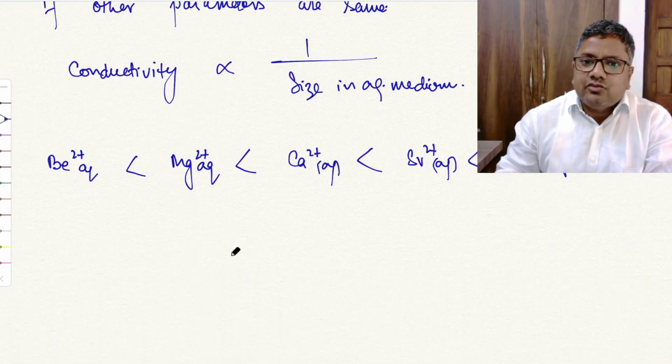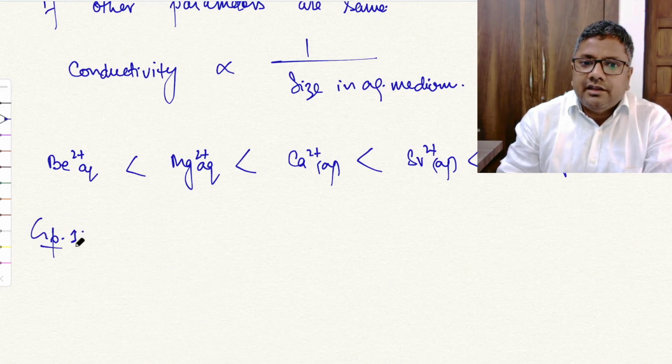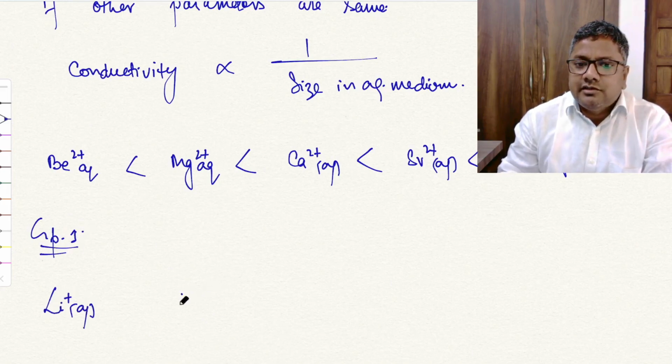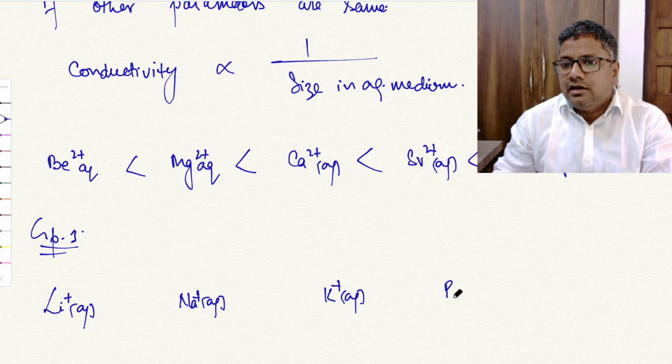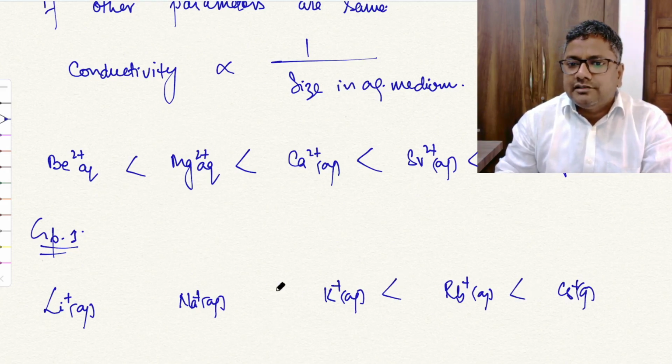Similarly, in the first group also, if you are talking about group 1 metal conductivity, if you take Li+ aqueous, Na+ aqueous, K+ aqueous, Rb+ aqueous, Cs+ aqueous, the molar conductivity is highest for the smallest ion, right?